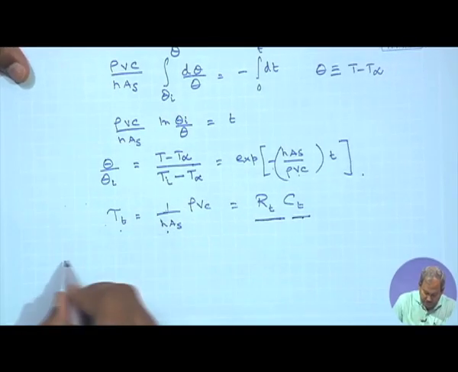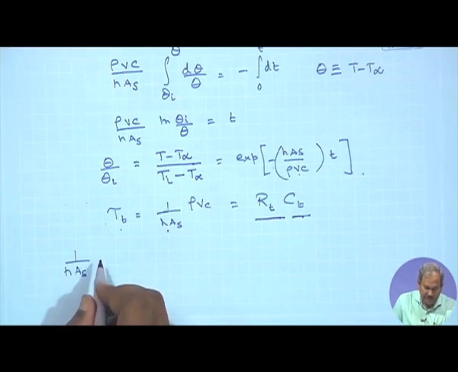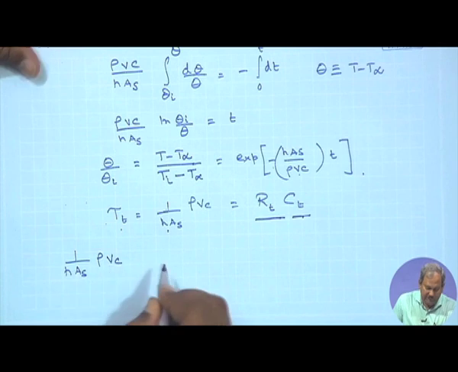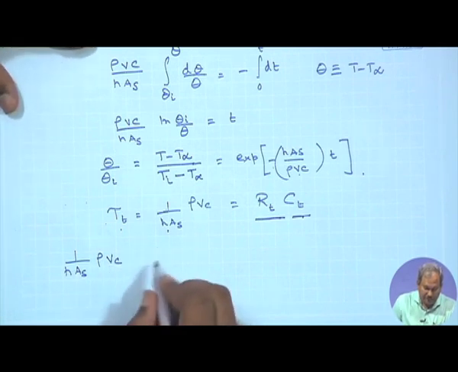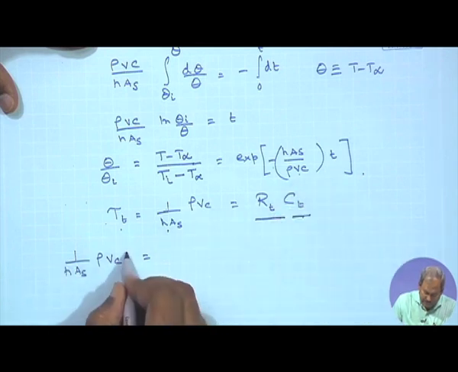Next we will quickly see how this constant, the tau_t that I have referred to in terms of h A_s by rho V, can be combined to give you some more insight into the process. I am going to start with the expression for tau_t, which is 1 by h A_s times rho V C, and I also have the time present in here.